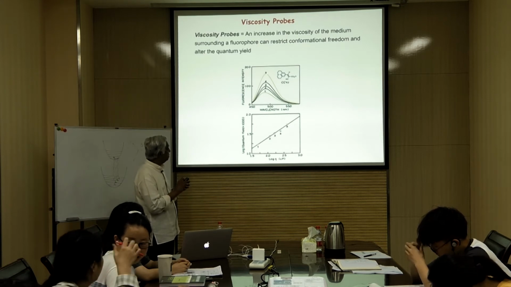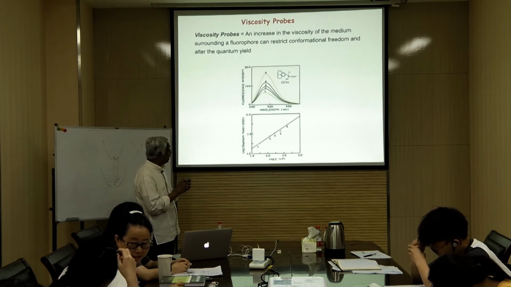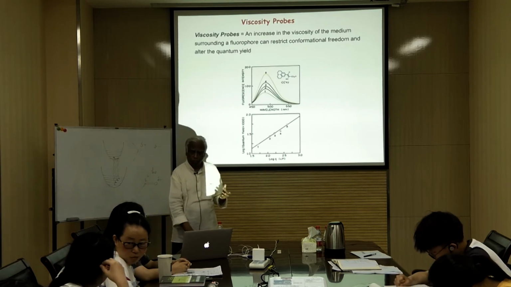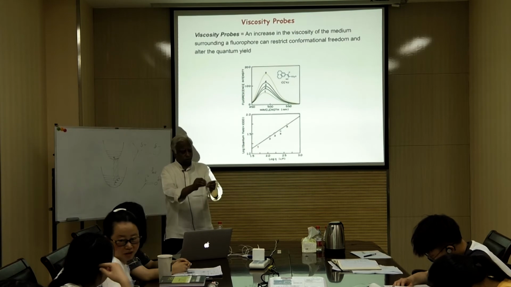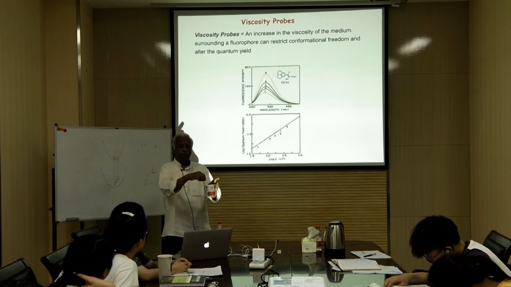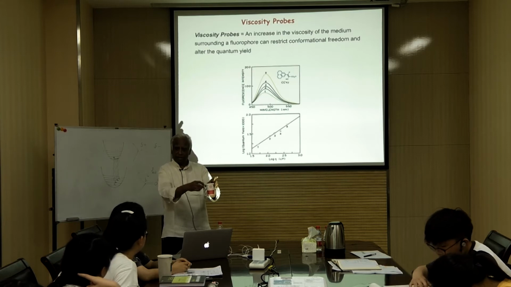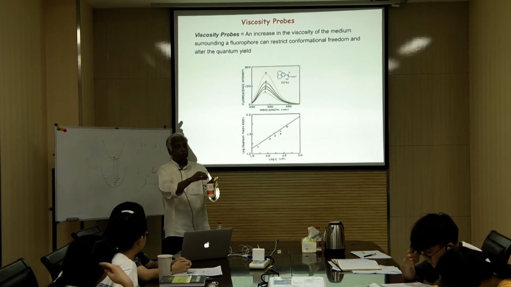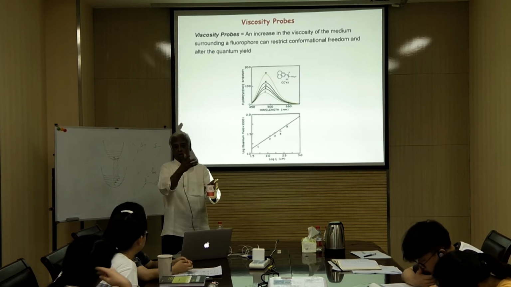As the medium becomes more and more rigid, the emission gets stronger. Basically, it is a probe molecule. You put the probe inside, for example, this water, and then you add something to polymerize. As the water becomes more and more viscous, the emission of this compound will get stronger and stronger.